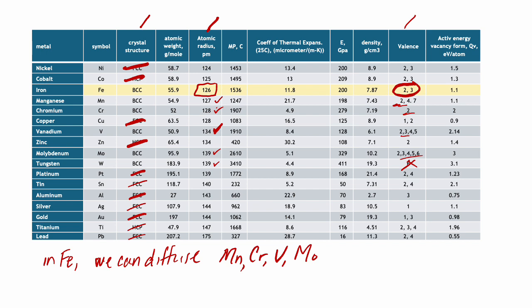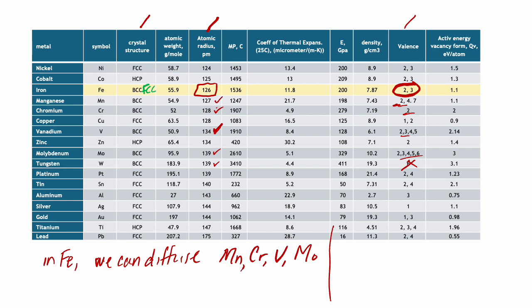But at an elevated temperature, iron is FCC. So when iron is FCC, I'm going to go ahead and erase these marks. So when iron is elevated in temperature, it becomes FCC.